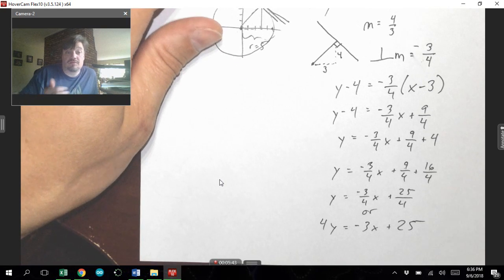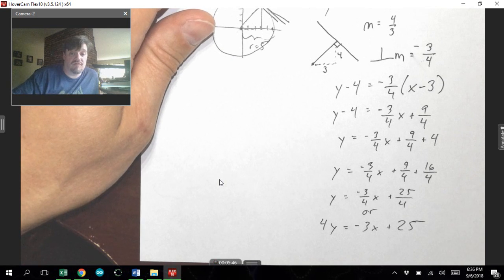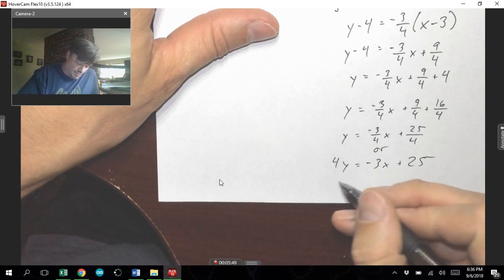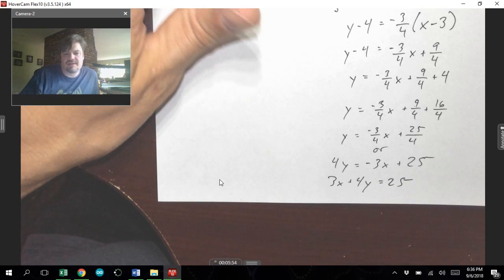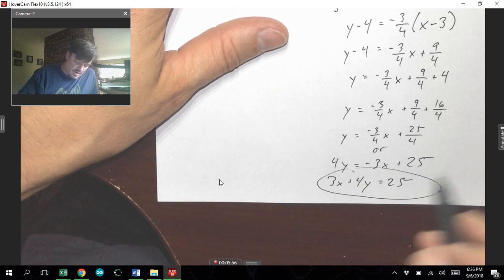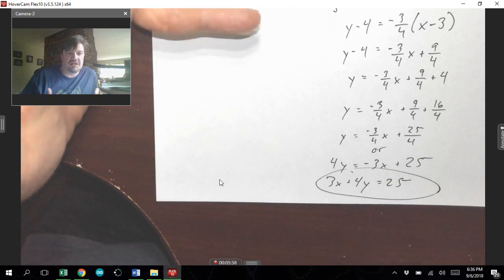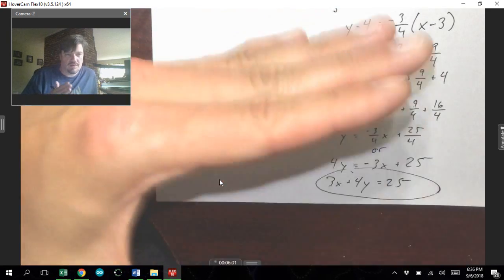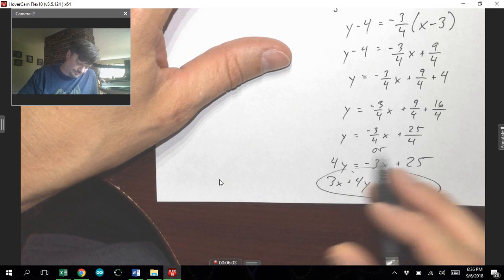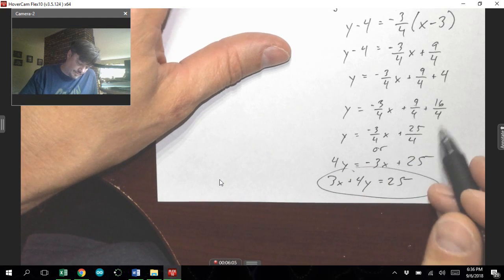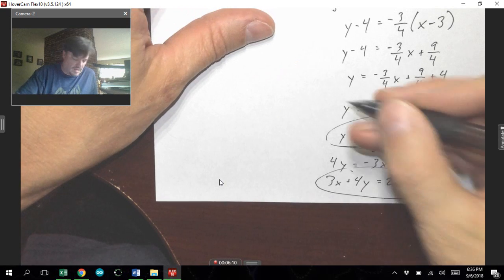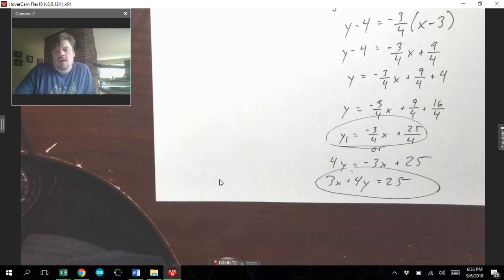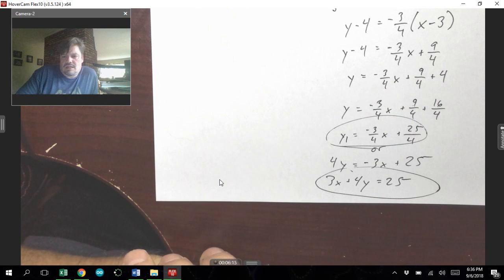Then for a general or standard form linear equation, we would move that over to here. And if you remember, we talked about it today. There's benefits to either. This one is easier if you're dealing with a linear system, because you need to find out where they're intersecting, while this one is more for graphing on your graphing calculator, because you need a y1. All right, I think that's it for this one.